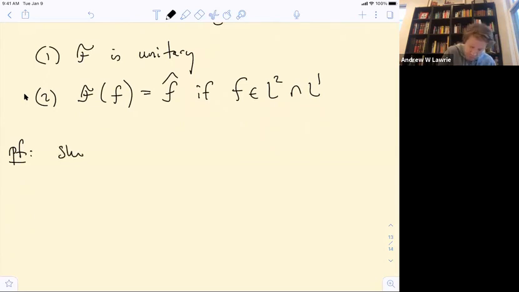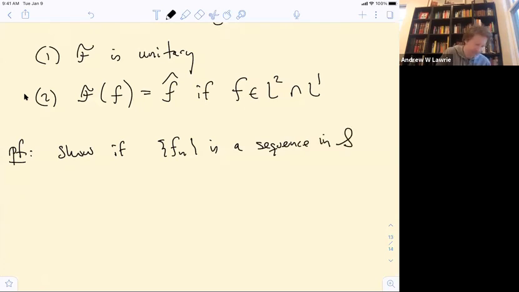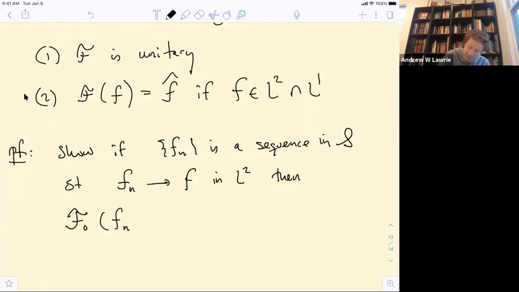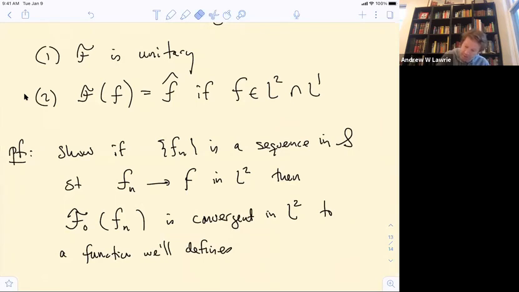So we'll show that if f_n is a sequence in S such that f_n converges to f in L2, then the sequence of Fourier transforms is convergent in L2 to a function, and we'll just call the limit script F of f.